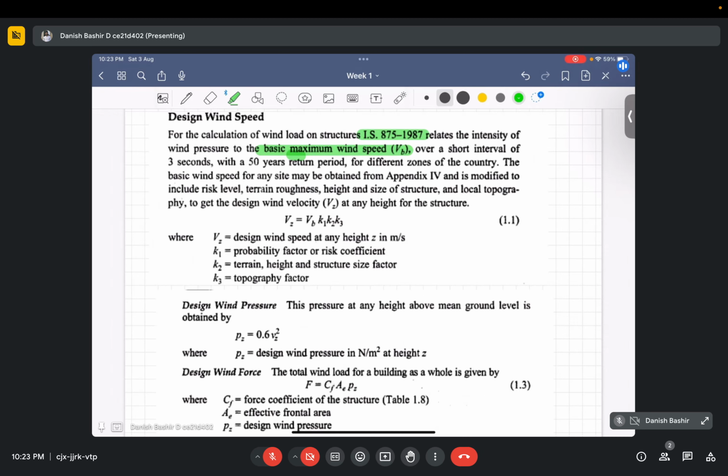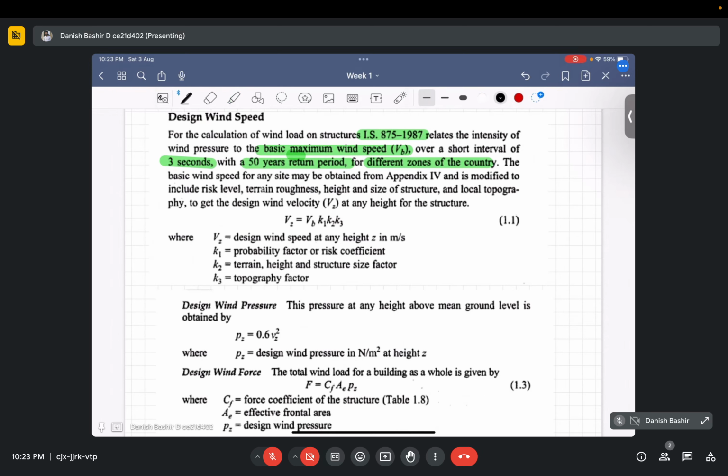It is for a very short interval of time, 3 seconds, and there is also a return period, in how many years this type of wind can be expected on a structure. We term that period the return period. For a 50-year return period, we define the basic maximum wind speed. And it is different for different zones in our country. So that basic wind speed VB is there.